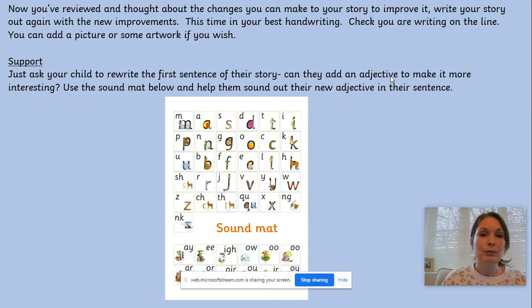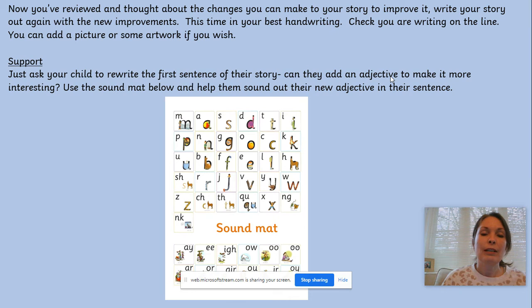Now, for some support, rewriting out a whole story is quite a challenge. So you could just ask your child to rewrite the first sentence of their story if rewriting the whole story is too much of a challenge, and they could add maybe one adjective to make it more interesting. And as I said, the sound mat is there maybe to help you sound out that new adjective with your child.